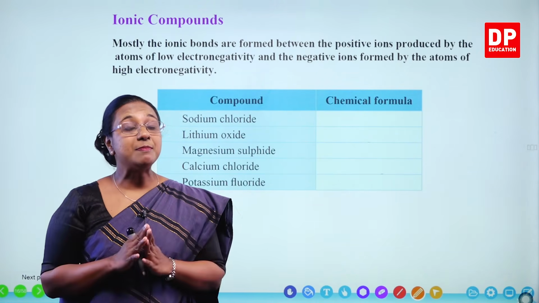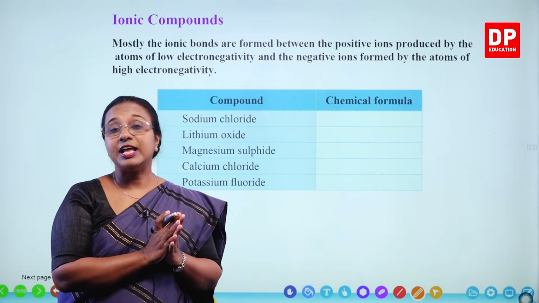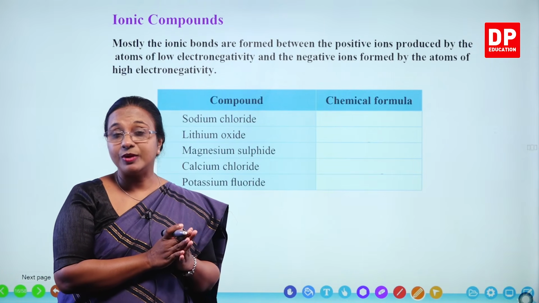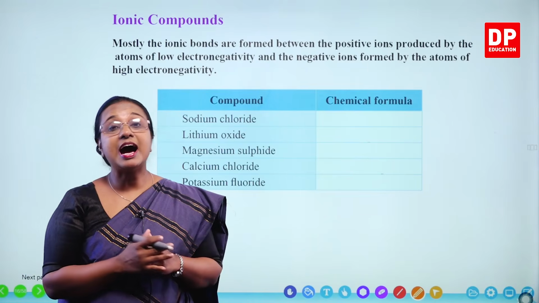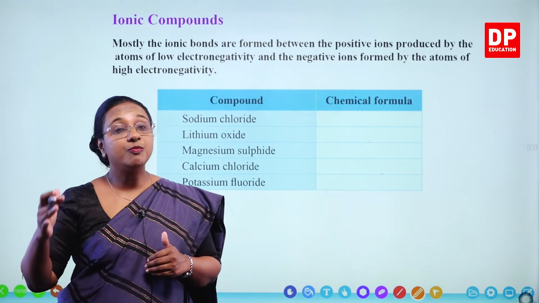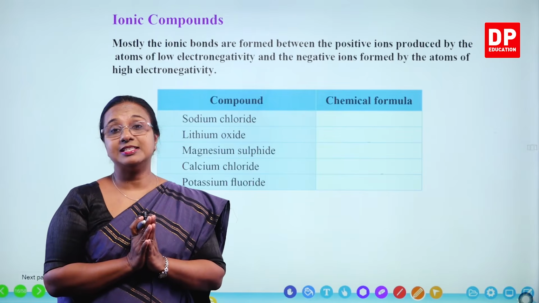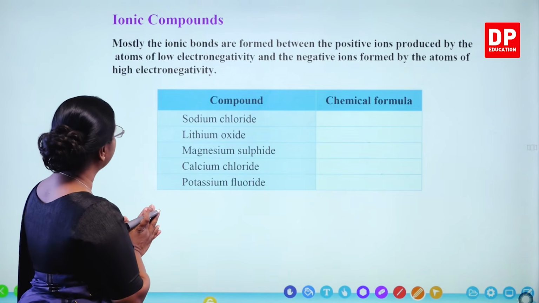So, you can remember these, students: when less electronegative metals, that is metals of groups 1, 2 and 3, combine with the non-metals that are highly electronegative, groups 5, 6 and 7, remember, usually it is an ionic bond. So, you can remember it that way.